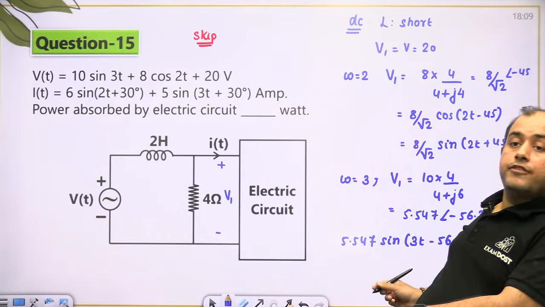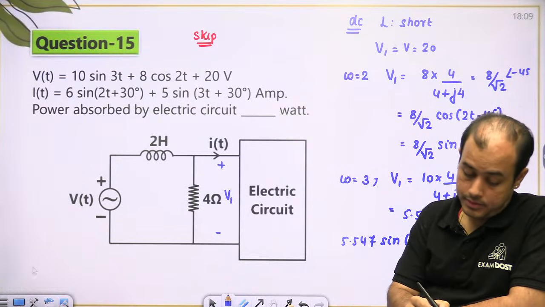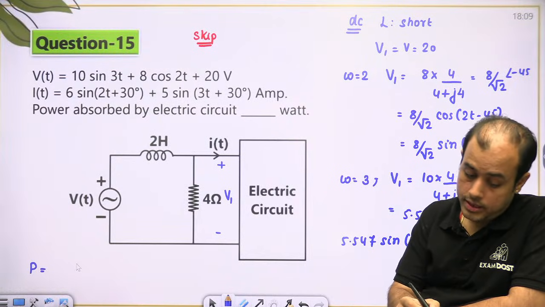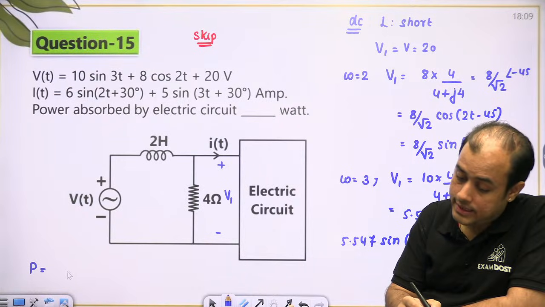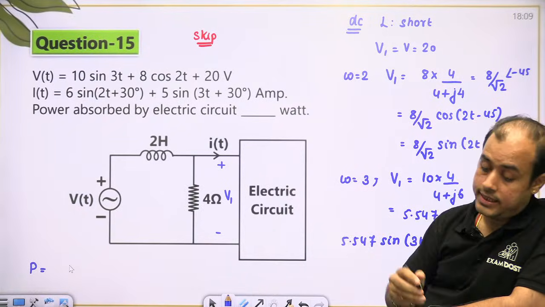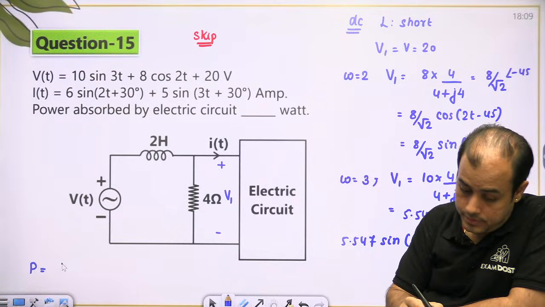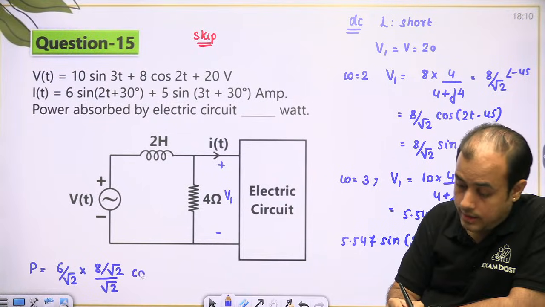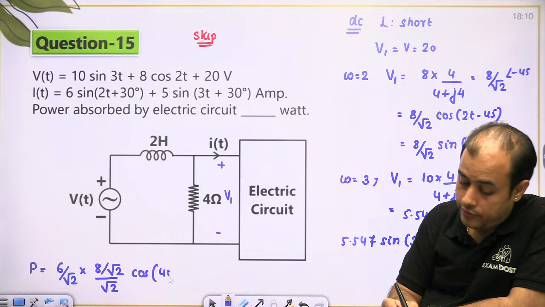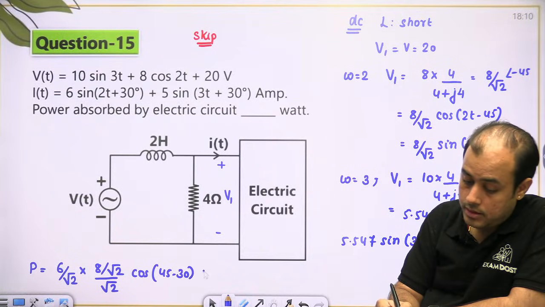Now beta, when finding the power, there is no DC current. For 2t, current has an angle 6 sin 30, 6 at an angle 30. Angle is 30 for current, 45 for voltage.